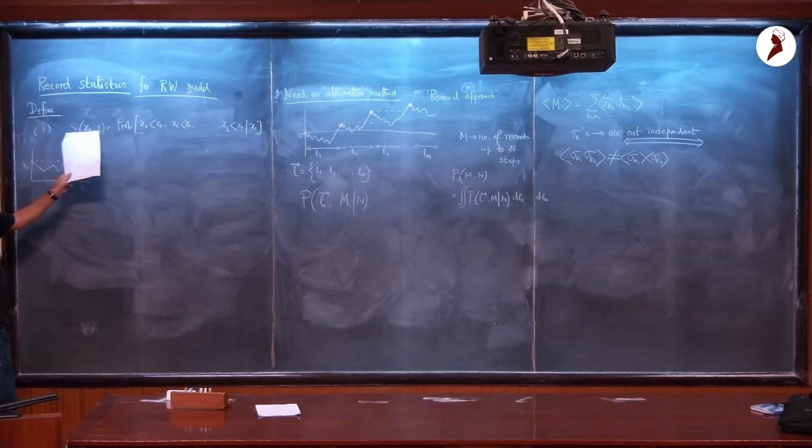So I call this S x0 L. What is the probability my walk stays below the starting point up to step L?